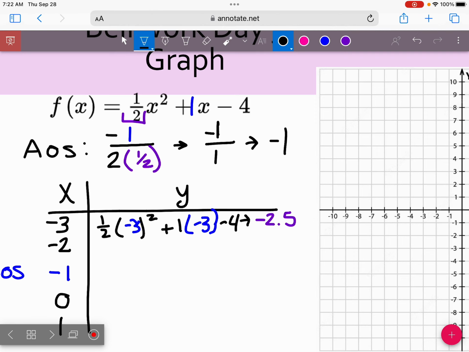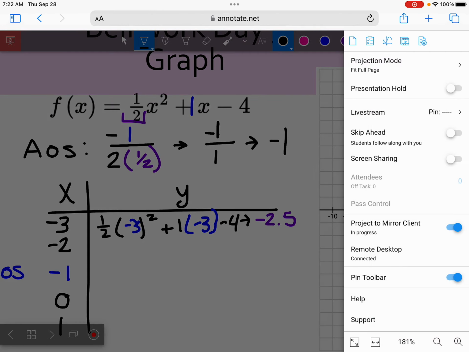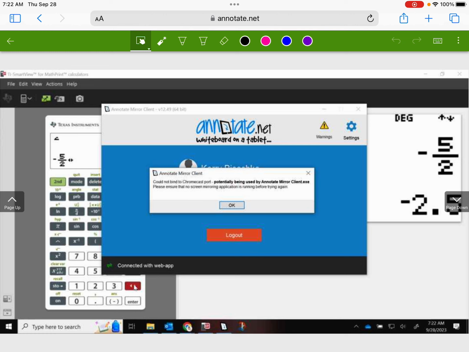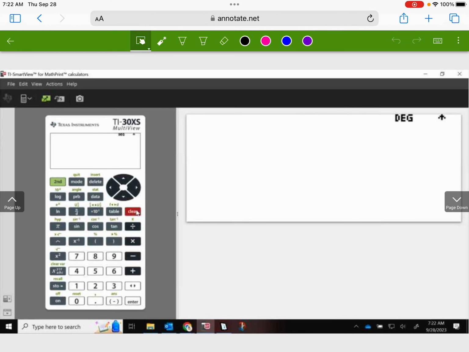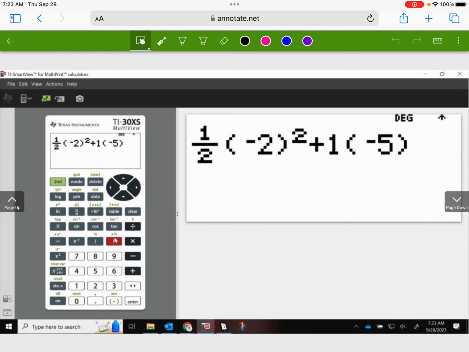We're going to do the same thing with -2. So we're going to have our 1/2 times -2 squared plus 1 times -2. Minus 4.